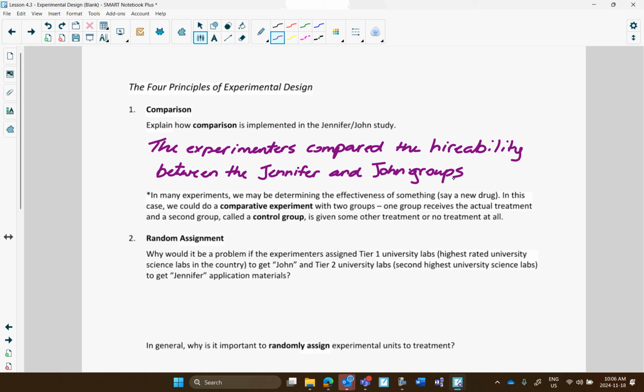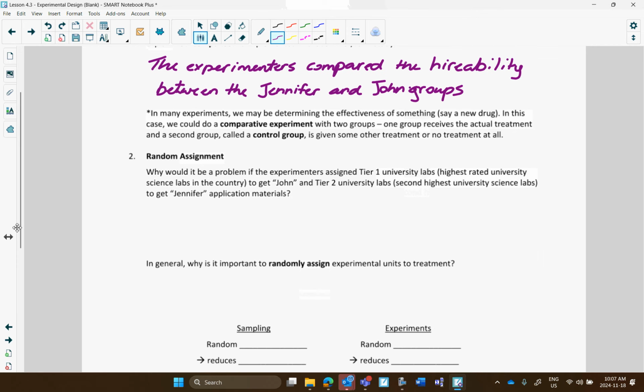Sometimes there's only one treatment to give, so one group could receive the treatment and the other doesn't, or receives an alternate treatment. Anybody know what that's called? If you took AP Psych? If you're given an alternate treatment, it's a placebo.